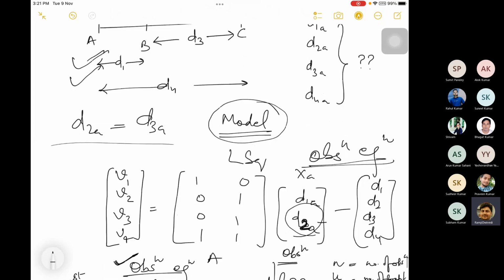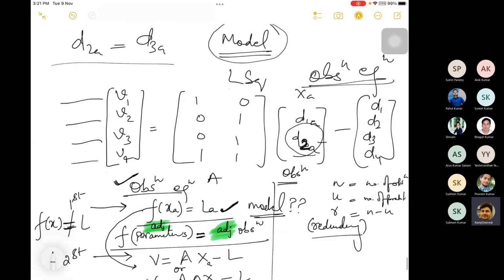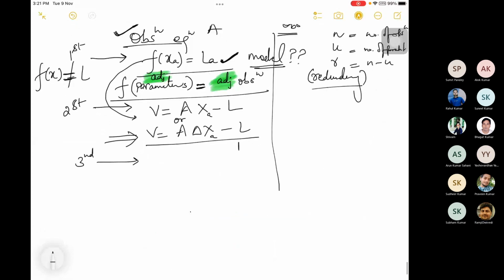So there was no need to linearize it. We simply have formed this v is equal to ax minus l in the matrix form. Please remember this, you have to form it in terms of matrix form. Now, once you have this, what is V, what is A, what is X, what is L, apart from this, you have to form the matrix size. Confirm the matrix size also.